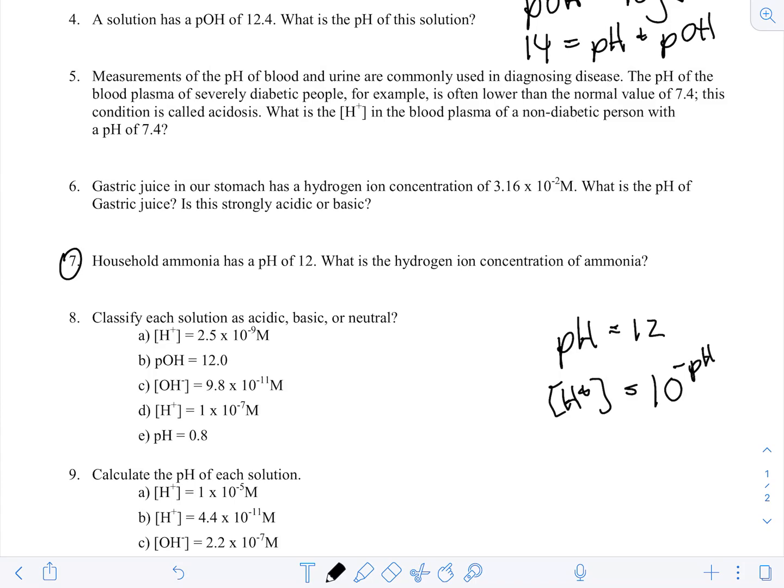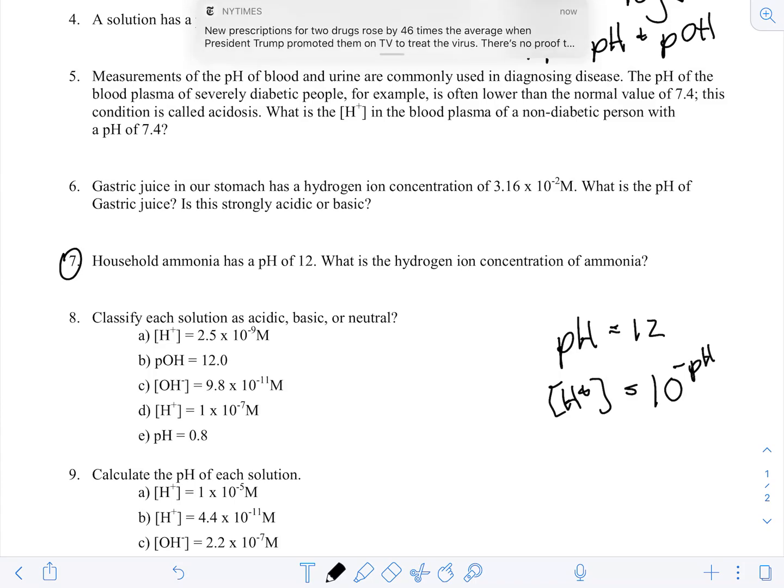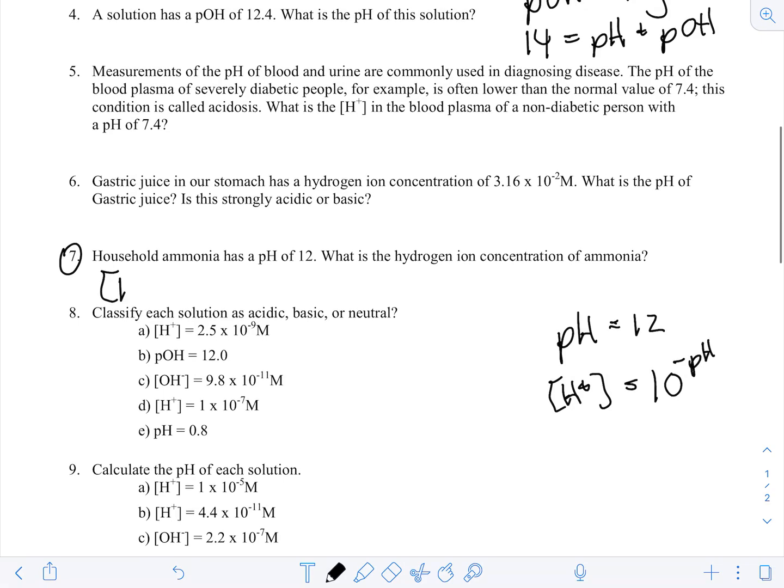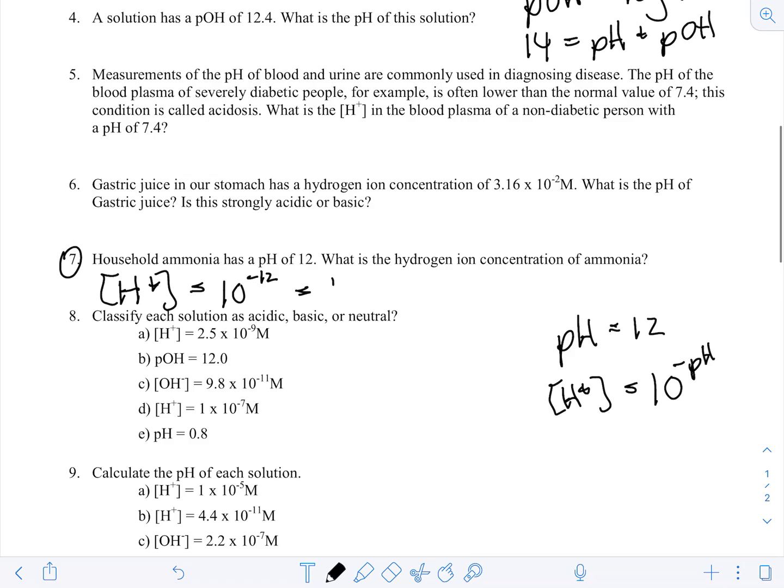So we would have to set this up, and when we set this up, it'll be H plus is equal to 10 to the negative 12th. So obviously when you do that, it's the same thing as saying 1 times 10 to the negative 12th.